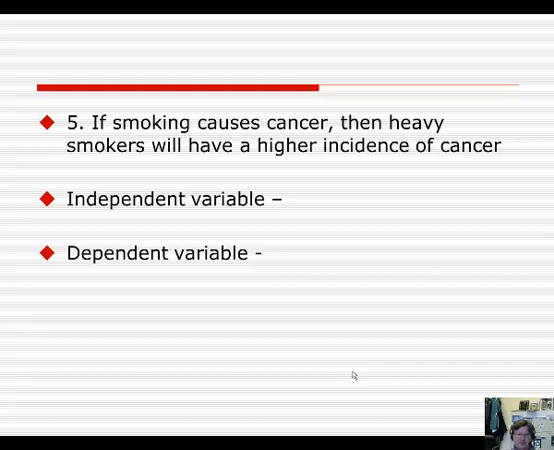Independent variable would be amount of smoking. That would have to be some kind of data difference question or a descriptive study, because you wouldn't be able to set up a study where you tell people to smoke more, because that's obviously a threat to their health based on what we know from previous research.